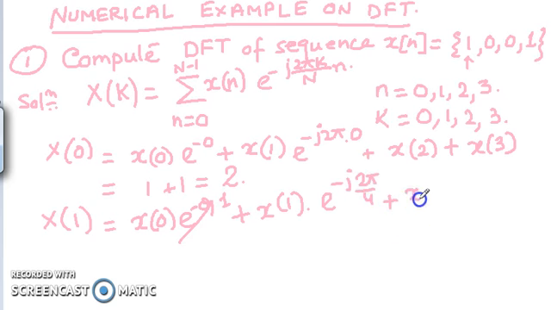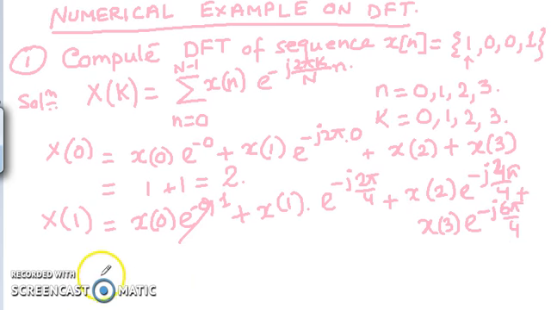The next part is x2 e to the power minus j. The value of n will change here. K is 1, n is 0, 1, 2, so 2 into 2 means it will be 4, 4 pi by 4. And the last component x3 will similarly be e to the power minus j 6 pi by 4.